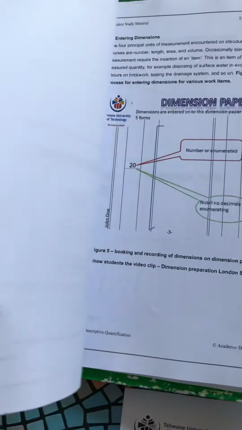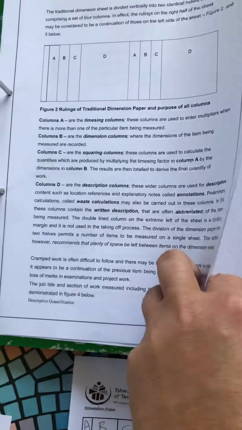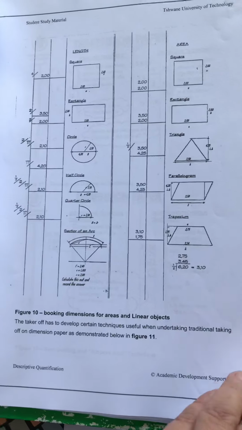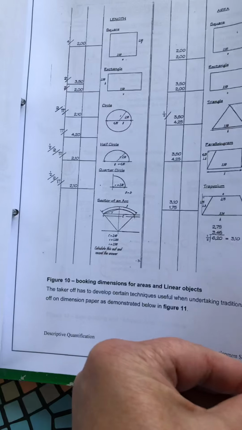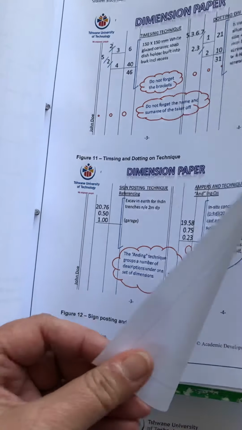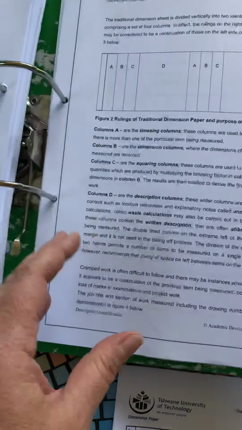Right, so please just go through all these pages and make sure you understand what is what. They also give you some formulas here in case you have forgotten them from school. Right, so please just go through these notes and see that you understand them.